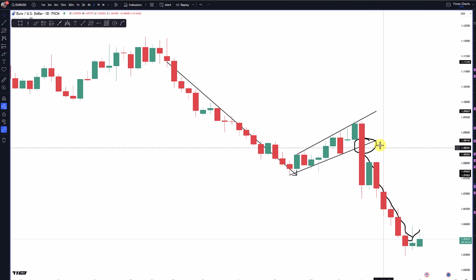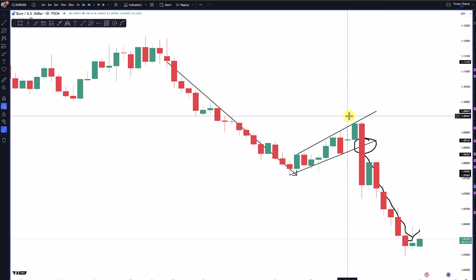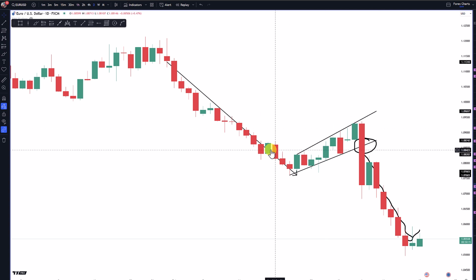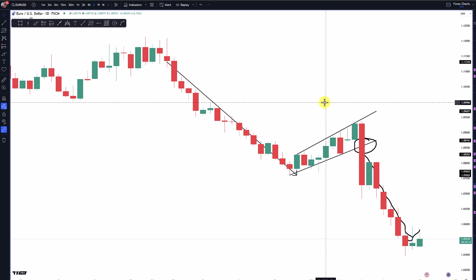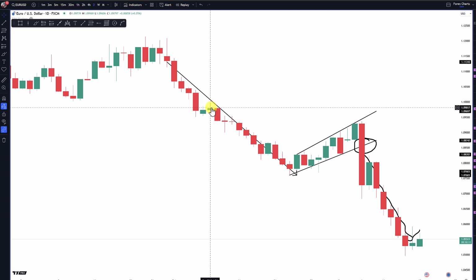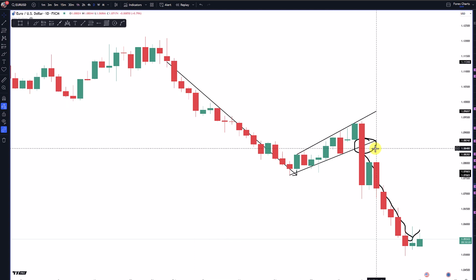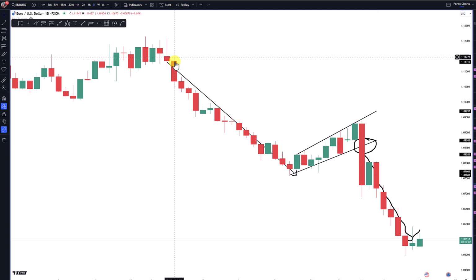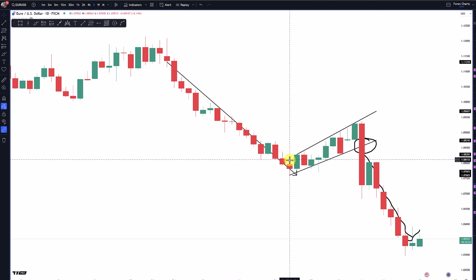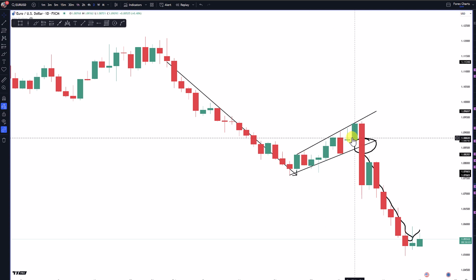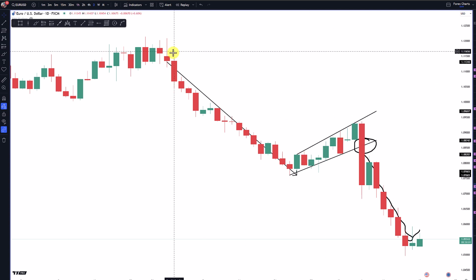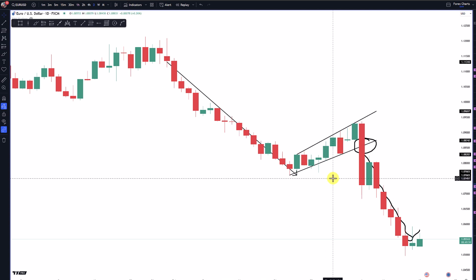It's important to understand that patterns need to be found in the correct context. So you always want to find a market that is already trending. Here we can see before the flag pattern, the price was already moving lower quite a bit. And then during the flag pattern, the price was rising a little bit, but not as strongly as it was falling previously.